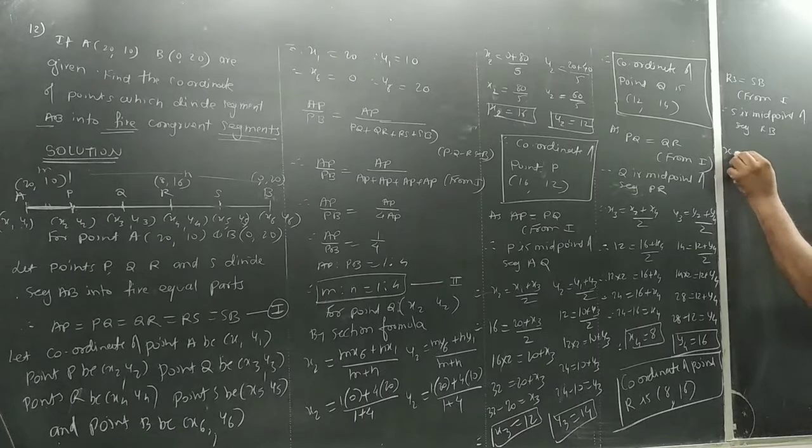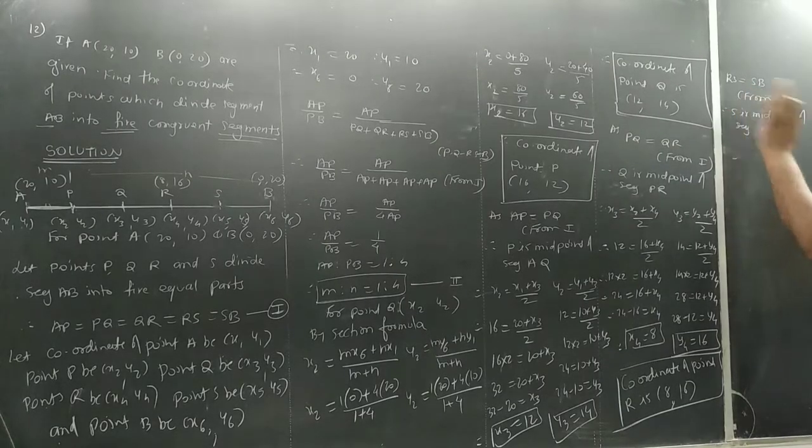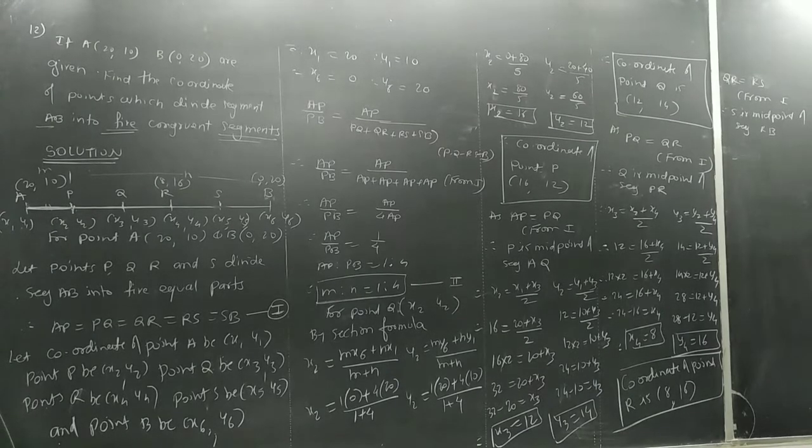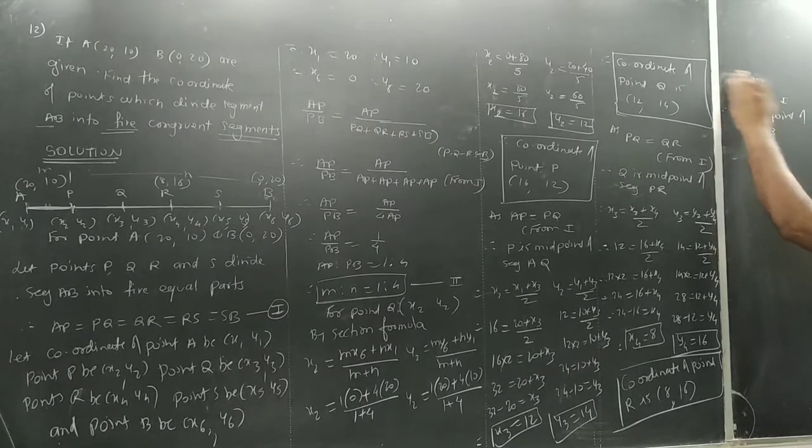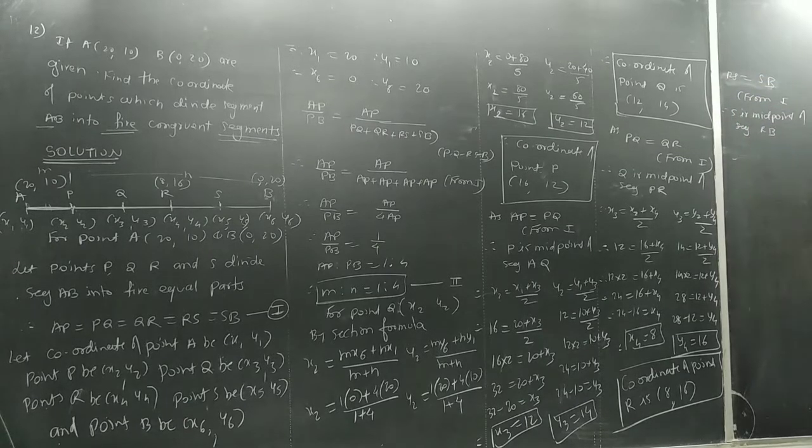Sorry, I made a mistake. QR is equal to RS. Okay, you got R. S is the midpoint. What is that? QR, RS is equal to SB. S is the midpoint of segment RB.